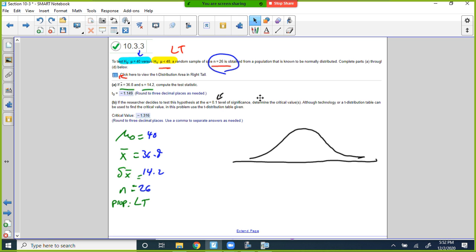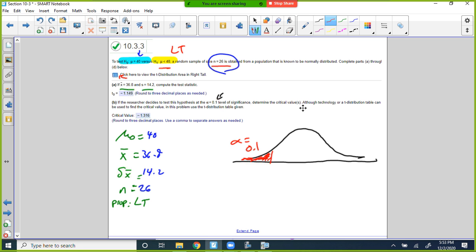Now, part B pops up. This is where we're going to do the analysis. It says if the researcher decides to test a hypothesis with an alpha of 0.1, that means this area right here is 0.1. That's my alpha, the area underneath the curve, right here.